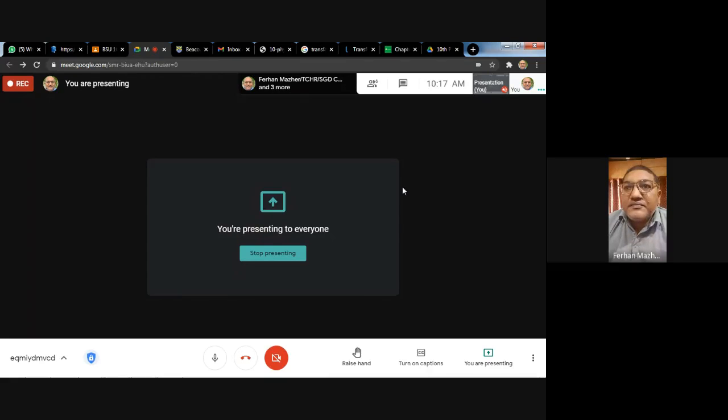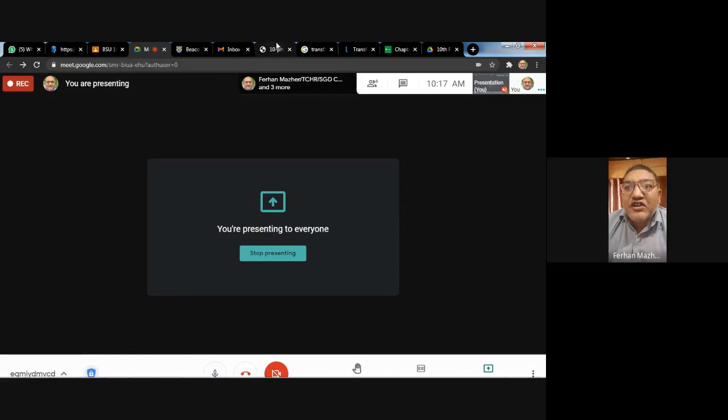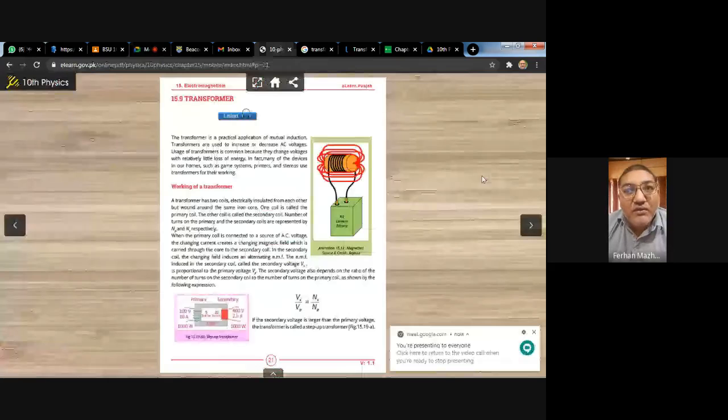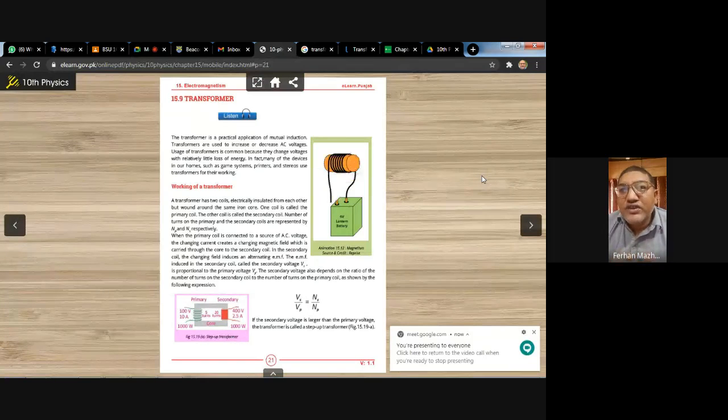So we have already learned what a transformer is. A transformer is a practical application of mutual induction. Transformers are used to increase or decrease AC voltages. Usage of transformers is common because they change voltages with relatively little loss of energy.